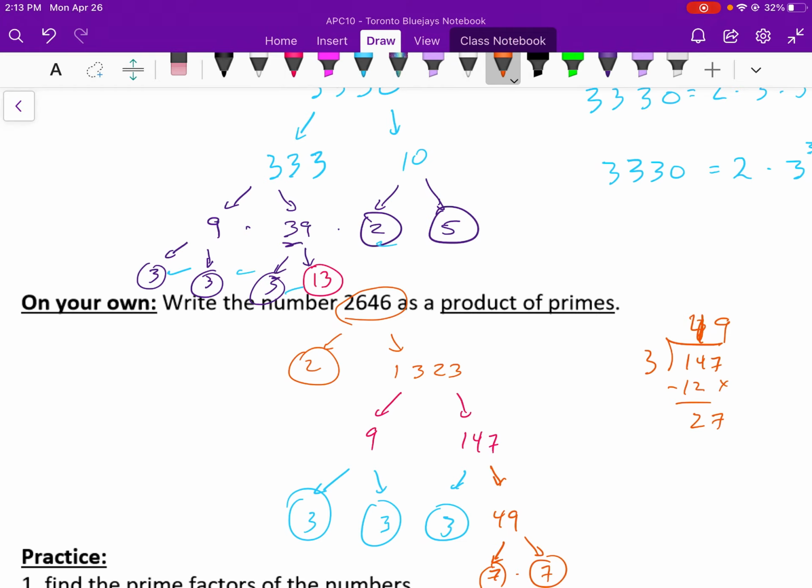So there we have it. This number is big and nasty. It is not nice. So 2,646 can be written as 2 times 3 cubed times 7 squared. 3 times itself 3 times is 3 cubed.